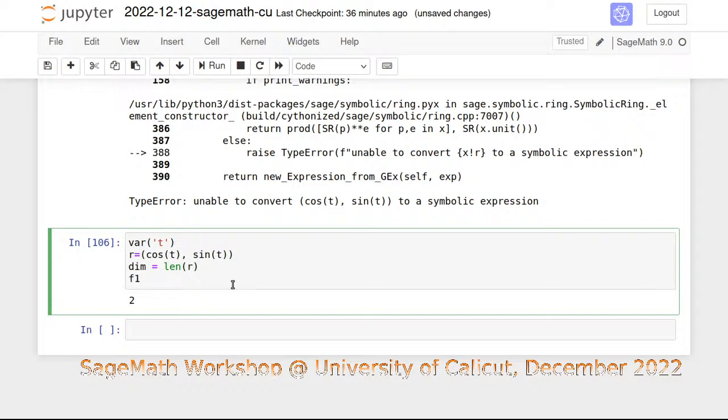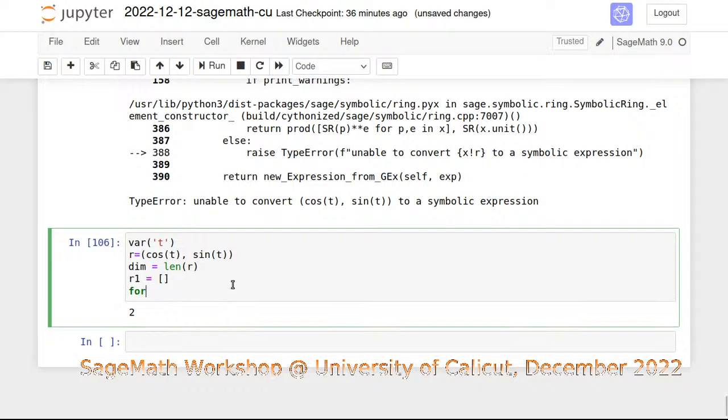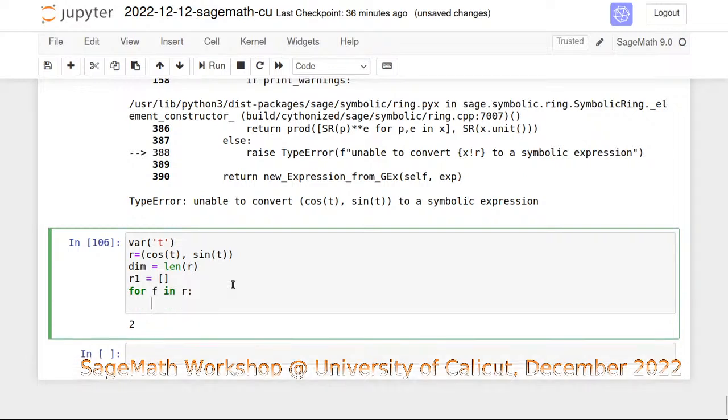R dash or R1 equal to, just take it as an empty list, then for F in R, R1 dot append diff, I don't know whether it will work, I am just trying, diff F. Okay, even this is not necessary.